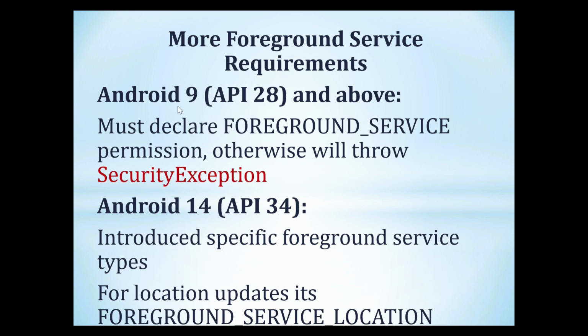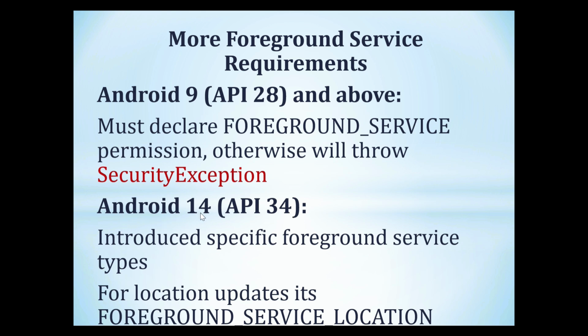For higher Android versions, there are even more requirements for foreground services. For Android 9 and above versions, you have to declare foreground service permission in the manifest file. Otherwise, it will throw a security exception. This permission is just needed in the manifest file and you don't have to handle it at runtime.